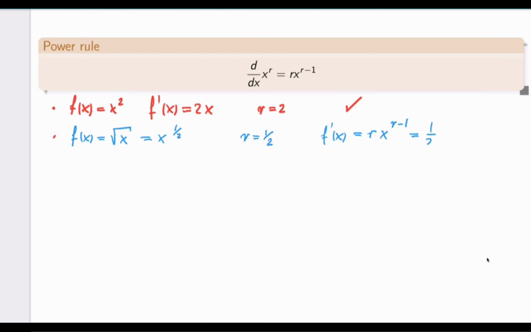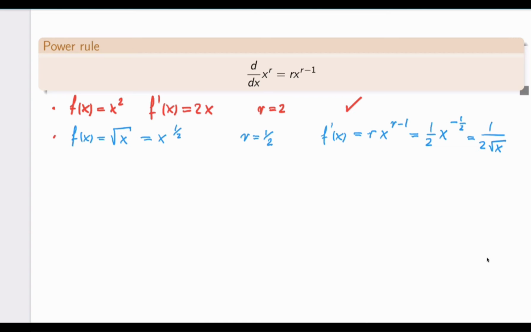So this comes out to be 1/2 times x to the power of 1/2 minus 1, which is minus 1/2. And so I can write this as 1 divided by 2 root x. So if f is root x, then the derivative is 1 over 2 root x.